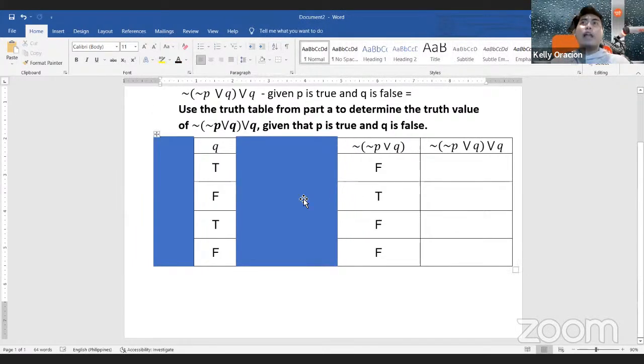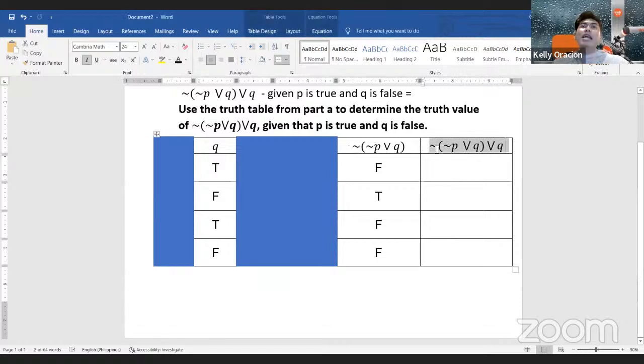Itong dalawa yung focus natin para makumpleto yung truth table of this statement. Again ha, ito yung dalawang variables na kakailanganin natin para makumpleto yung truth table niya.